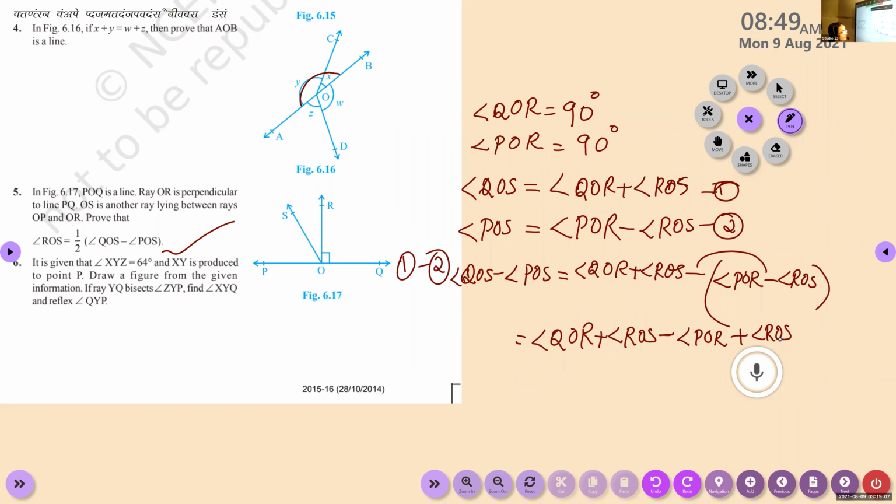So can we cut plus ROS and plus ROS? No. ROS plus ROS, how can we cut?